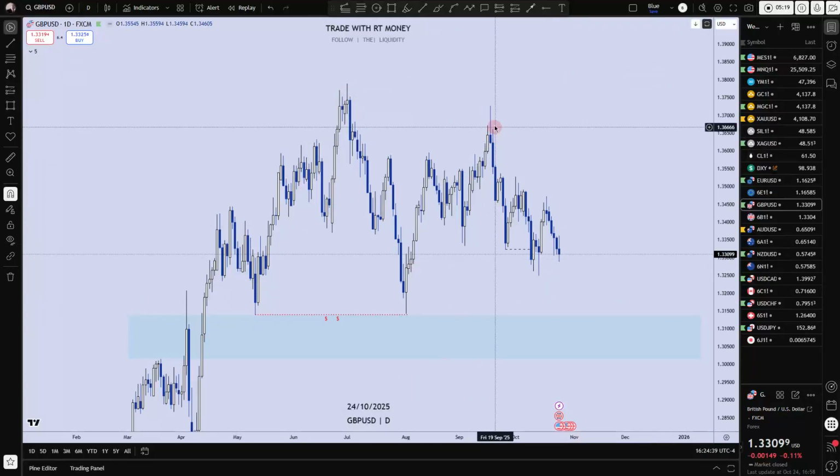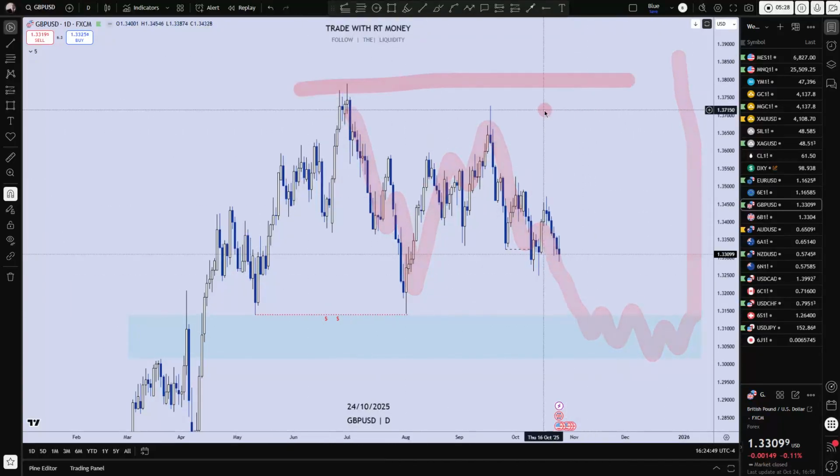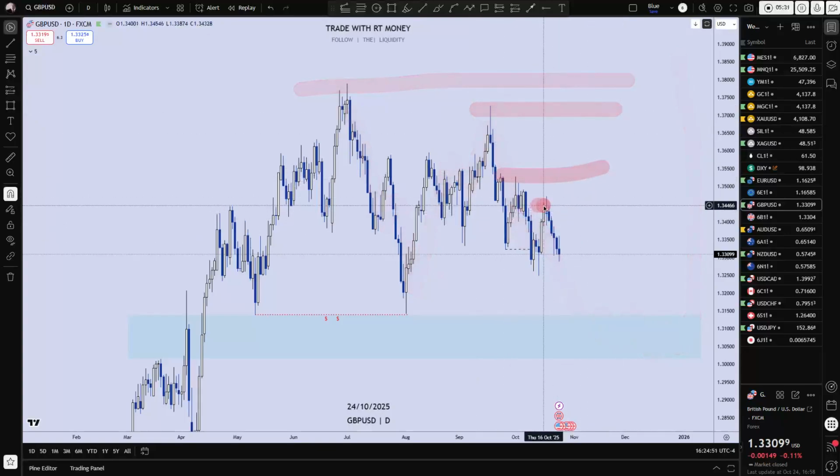Price pushes down, pushes back up, then pushes down. I'm looking for this push down, finding support here for another push up to come and sweep out all of the resting liquidity here on the buy side area. That's what I'm looking for.